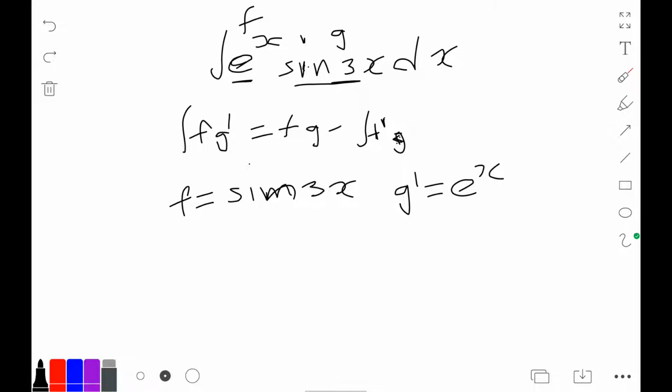Now when we find f prime of this, it gives us 3 cos 3x.